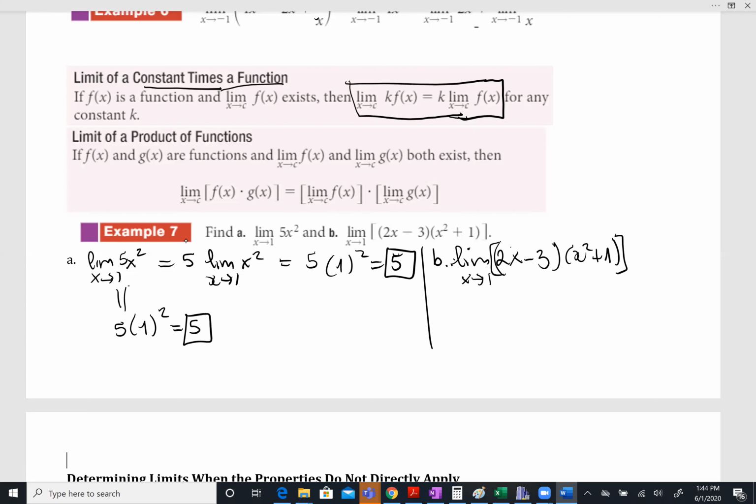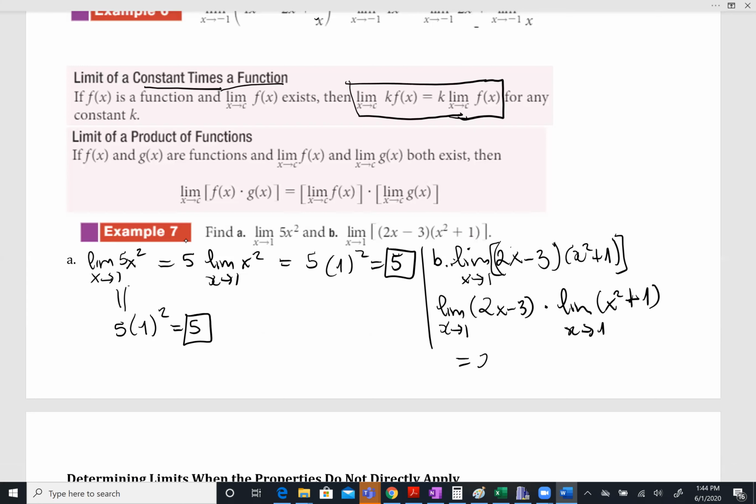You can just directly substitute right away, or you can split it into two limits multiplied by each other. So say the limit as x goes to 1 of 2x minus 3, multiplied by the limit of x squared plus 1 when x goes to 1. And then you substitute directly.